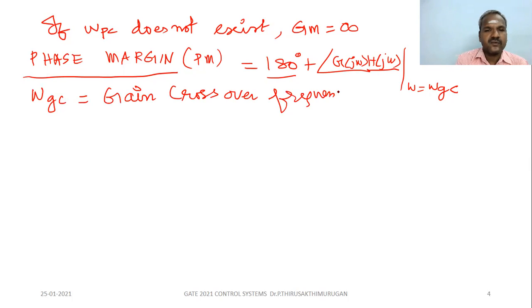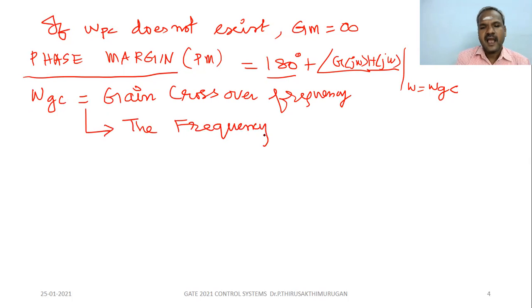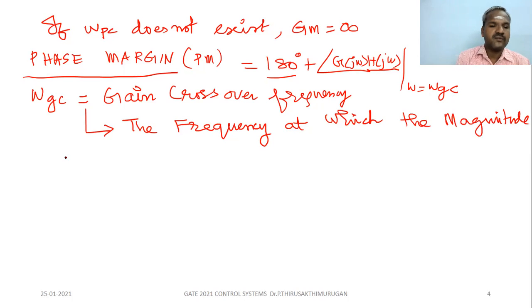It is the frequency at which the magnitude of G(jω)H(jω) equals 1, unity.